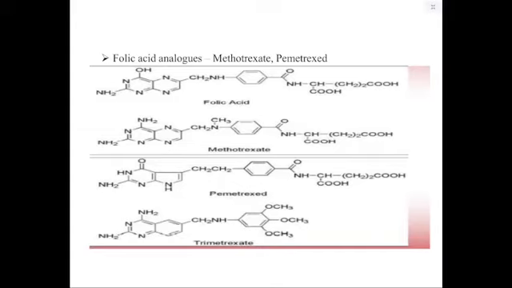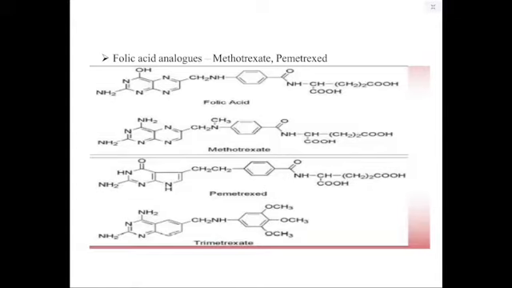You can also have folic acid analogs. Folic acid derivatives are used as cofactors, and cofactors, remember, can be used in both purine and pyrimidine synthesis.